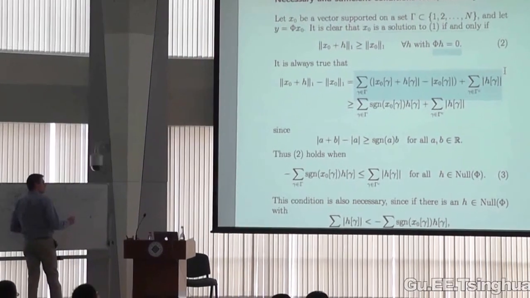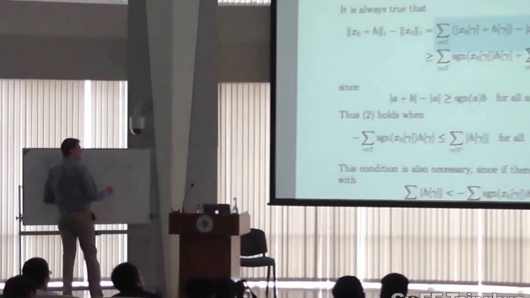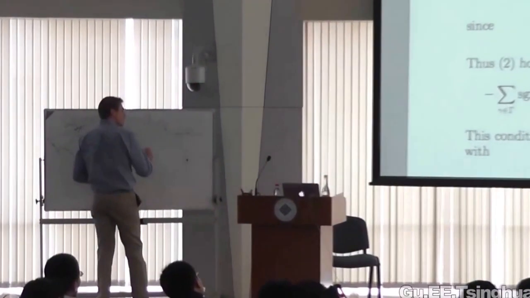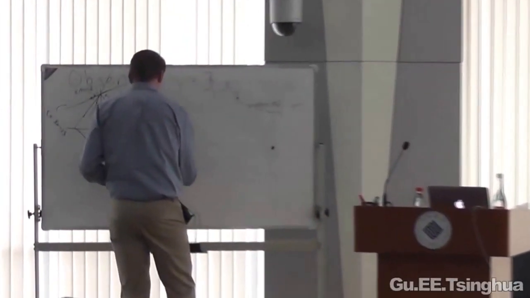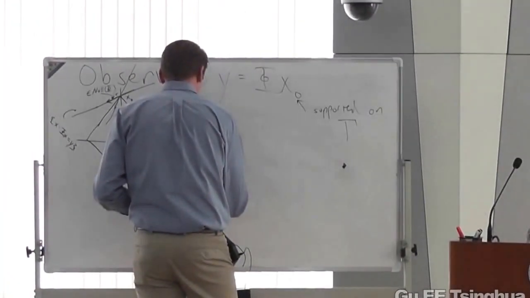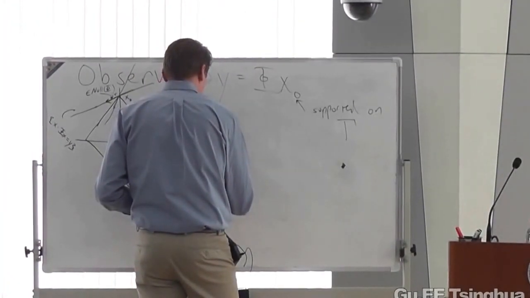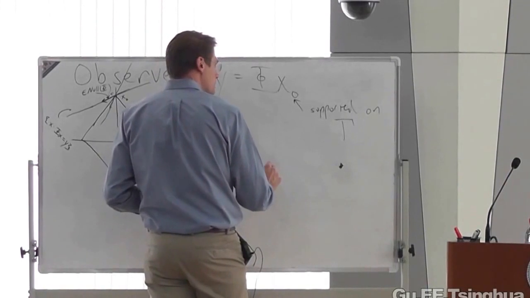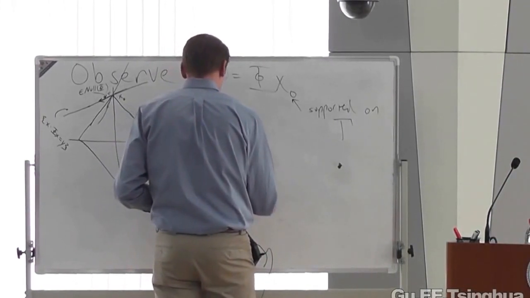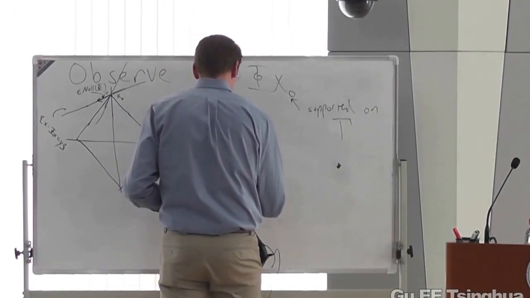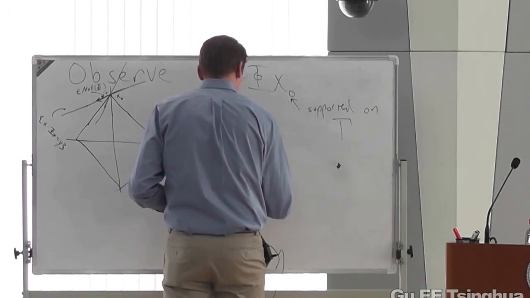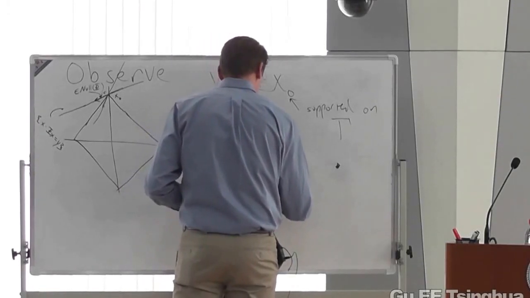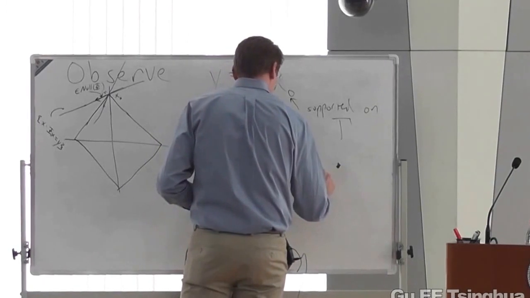So how do you prove something like this? You'd say a plus b is greater than sign of a times a plus b.